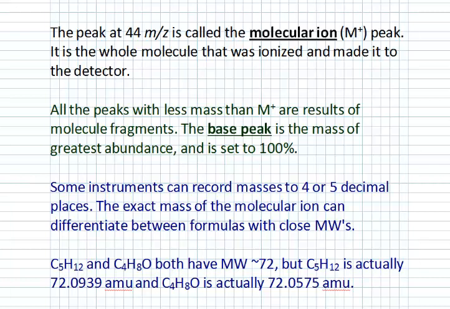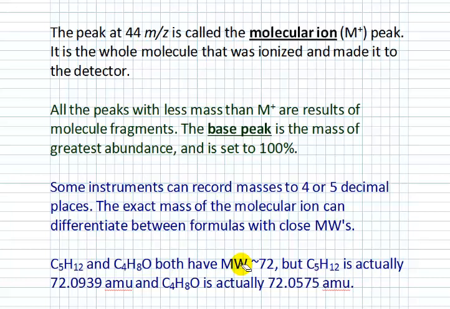Carbon-12 is exactly 12, but everything else has a little bit of a deviation from that, right? So oxygen-16 is not exactly 16, for instance. So for that reason, take two formulas, C5H12, C4H8O. Both, if you added up their molar masses, they'd be around 72 for a molecular weight.